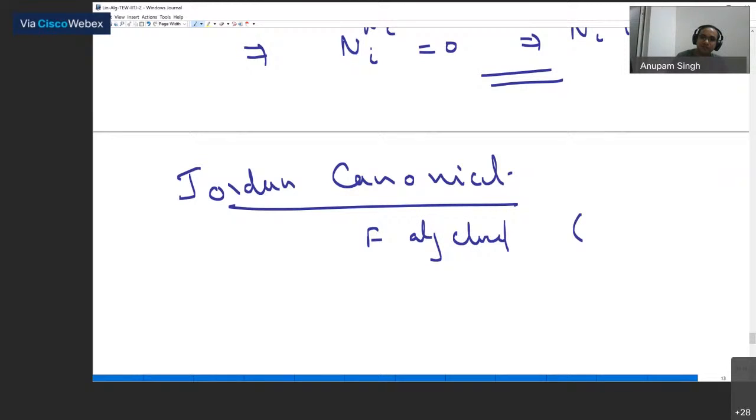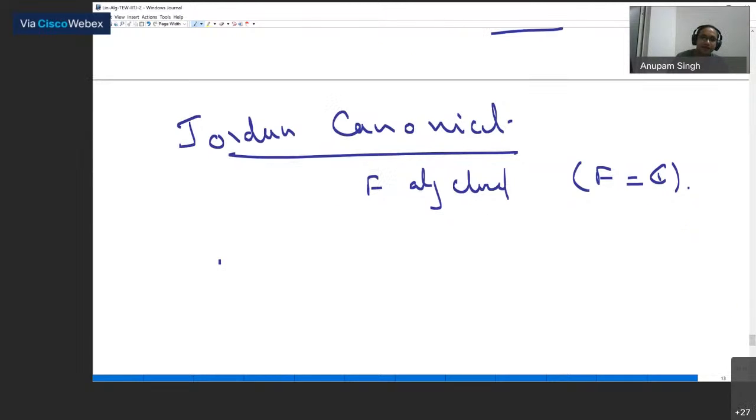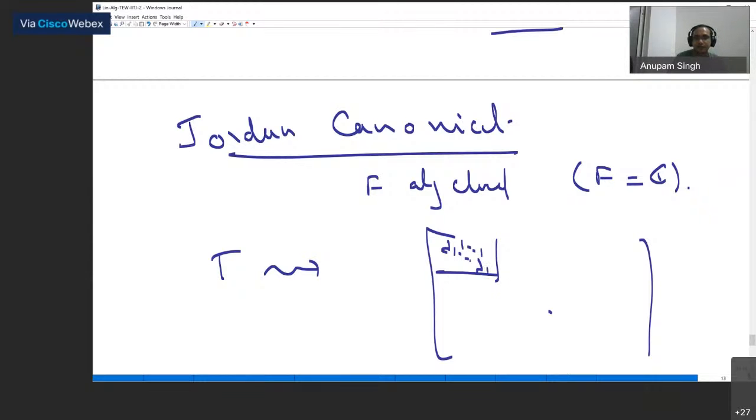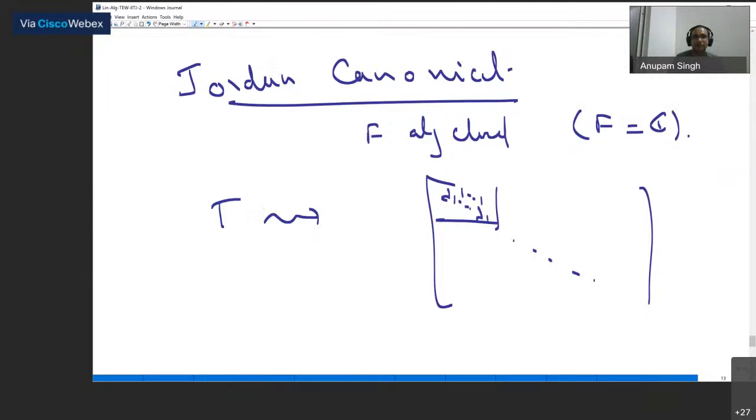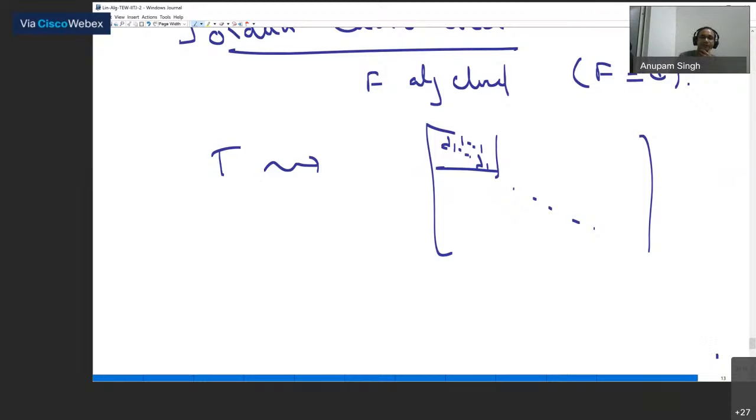For example, F could be C. So here we are seeing that T will look like various blocks of the kind lambda, 1, 1, 1, 1, 1, and this kind of blocks it comes out to be.